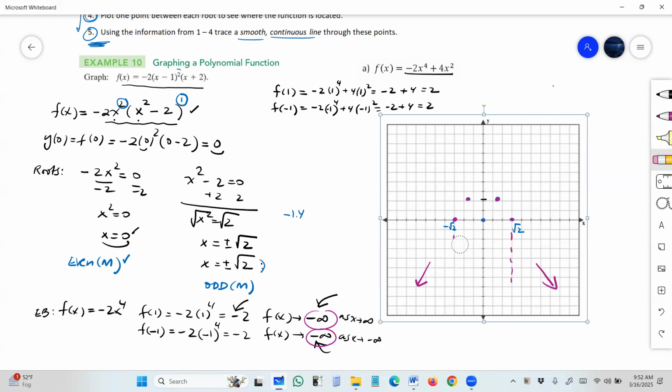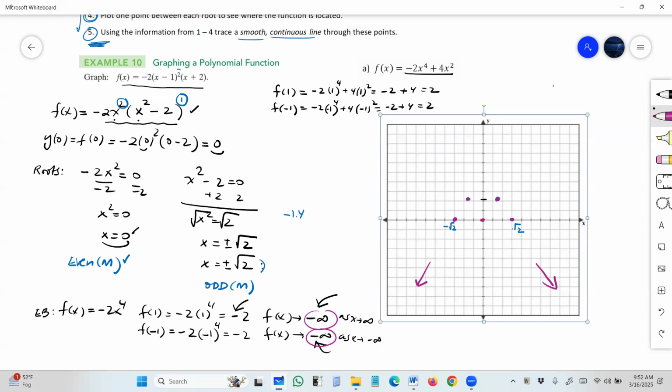And the end behavior: the function has to go through these points, and it has to follow the end behavior. There's one missing right here. Here's the y-intercept, which is also one of the roots. So you have to trace a line through all of these 1, 2, 3, 4, 5 points following the end behavior. So it's going to be this way.